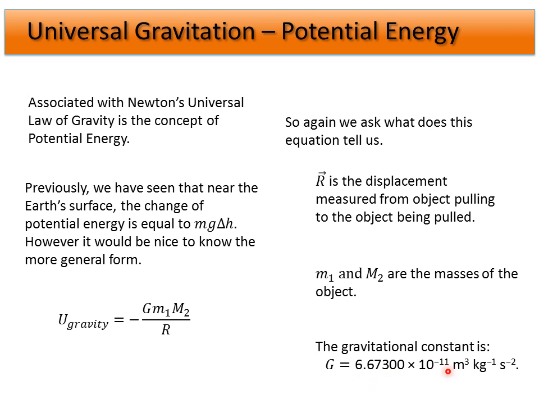And again, just so you see it one more time, G is a small number, 6.673 times 10 to the minus 11 meters cubed per kilogram per second squared. And this is really all that we do to calculate the potential energy between two objects separated by a distance, each having its own individual mass.